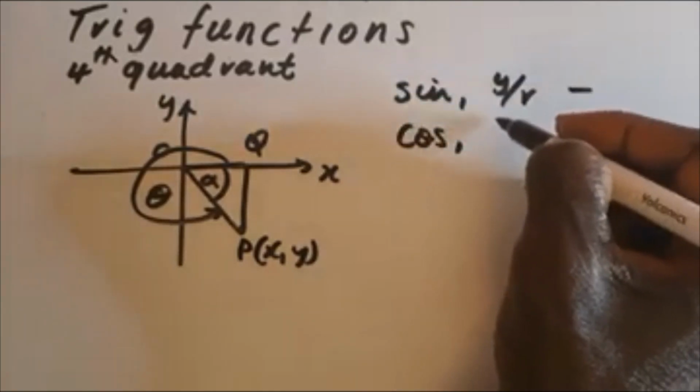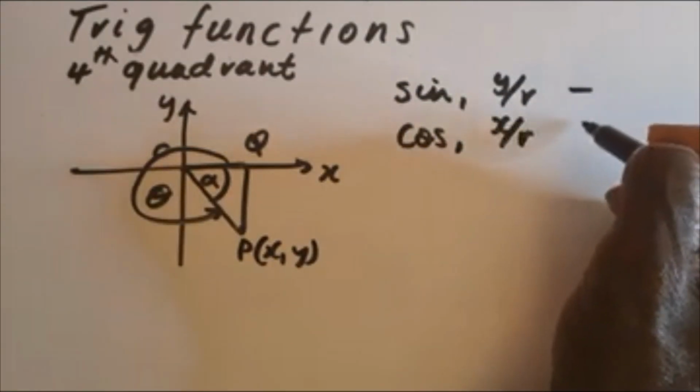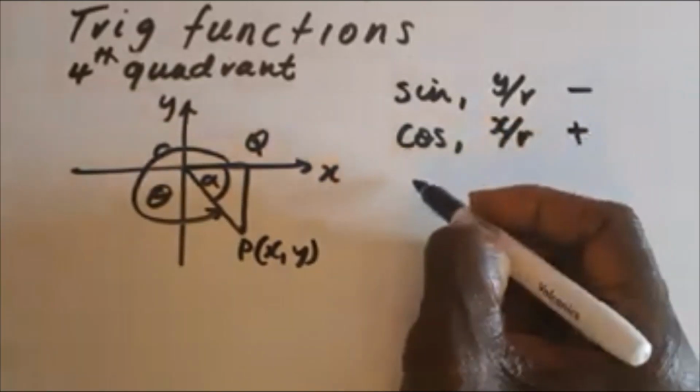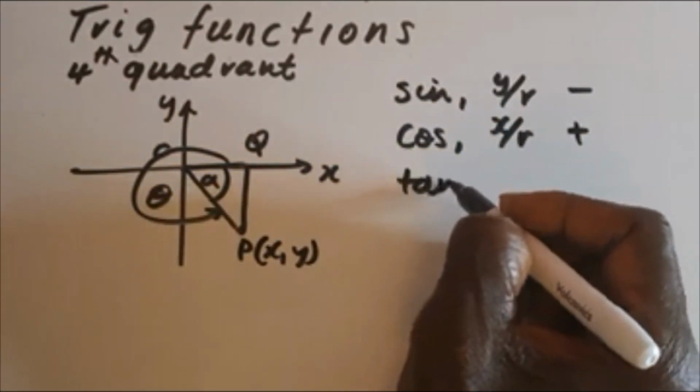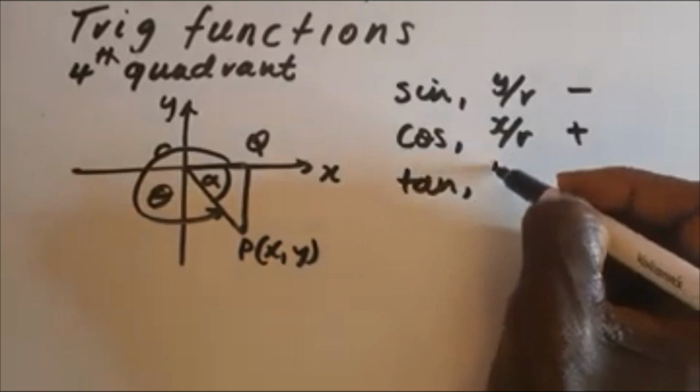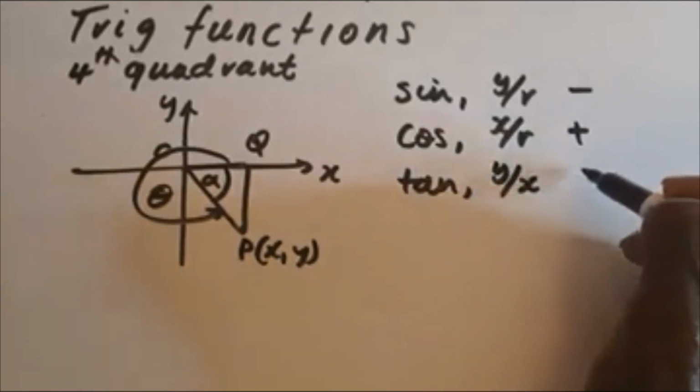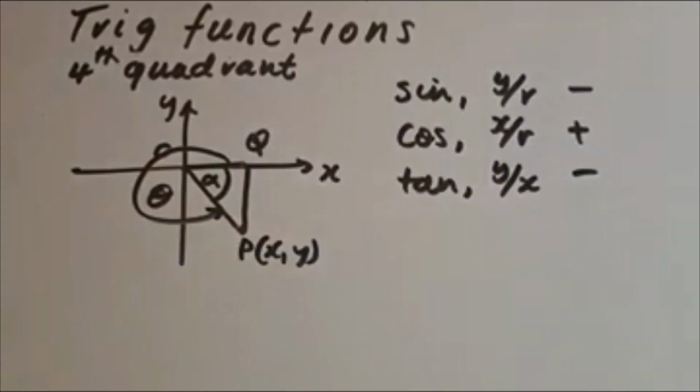Cosine ratio is x over r, that's positive, and the tan ratio is y over x, that's negative. We're always tracking the right angle triangle OPQ, which gives us our associated acute angle for theta.